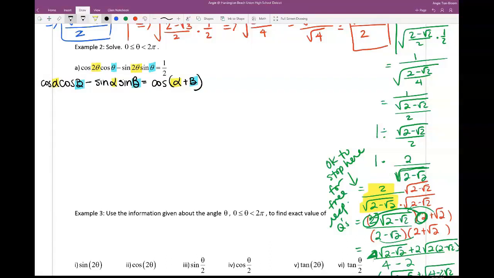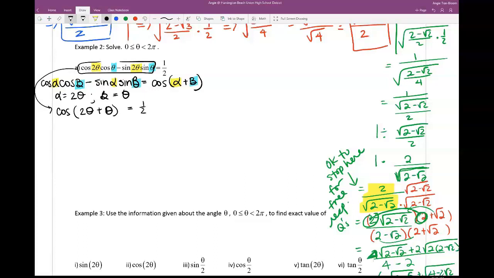So if you see this, alpha is 2 theta, and beta, it's really in essence just theta. So beta and theta didn't really change except the variables. So what I'm going to do is this whole thing, going backwards, is cosine of alpha is 2 theta plus theta is now beta, or beta is now theta, I should say. So now I'm going to set it equal to 1/2, okay? Well, 2 theta plus another theta is now 3 theta equals 1/2.